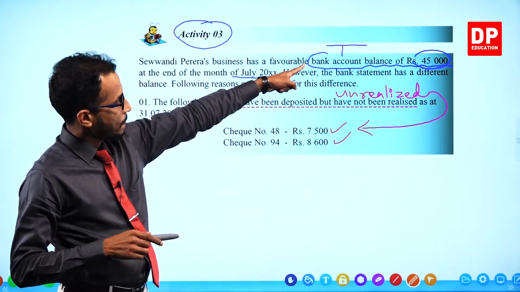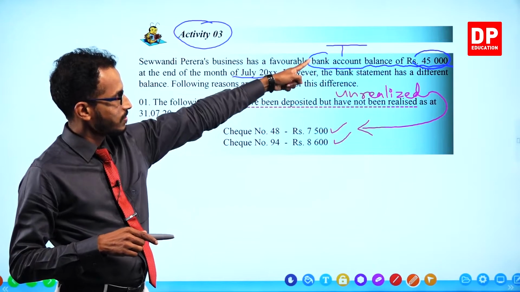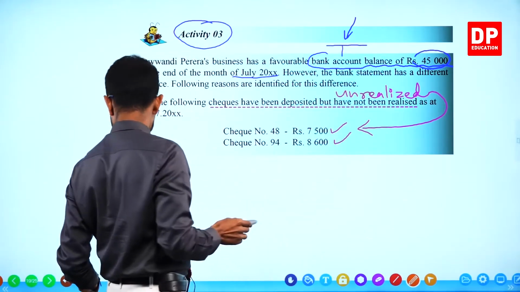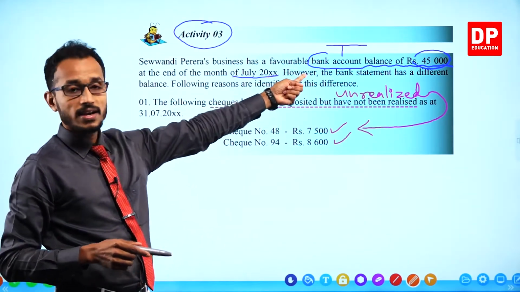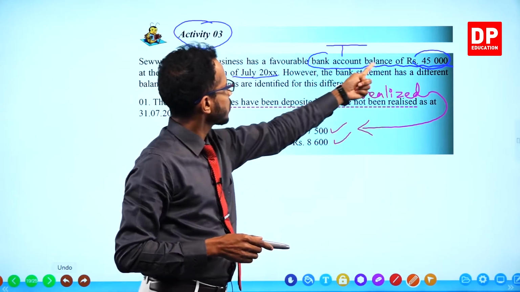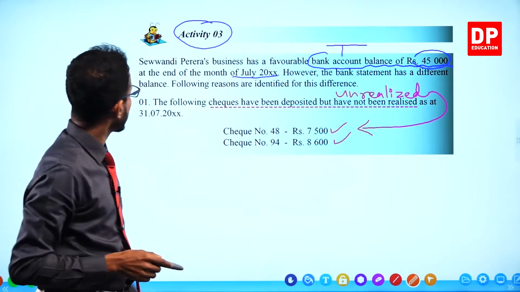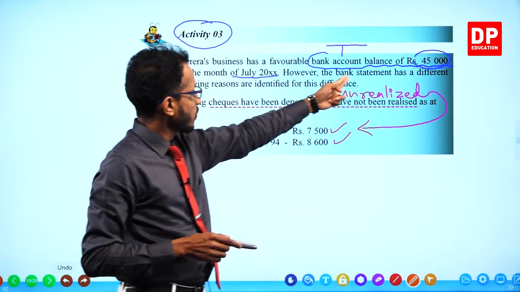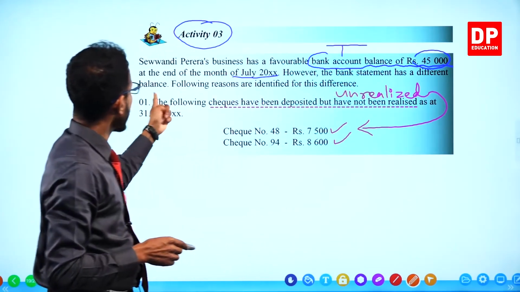See, I have even drawn the T account here, just to show you that that is the bank account balance. So the balance of Sewanti Perera's business is 45,000 at the end of the month of July. That is the closing balance. However, the statement balance is different to that.